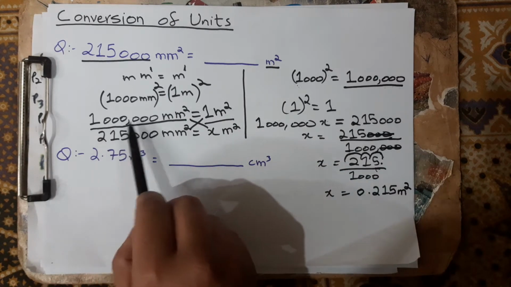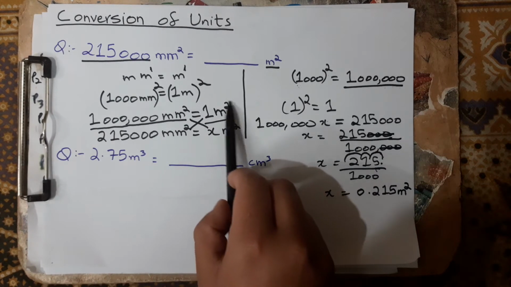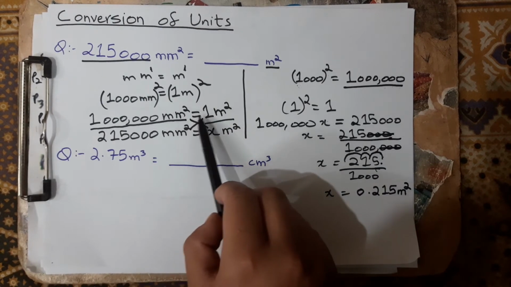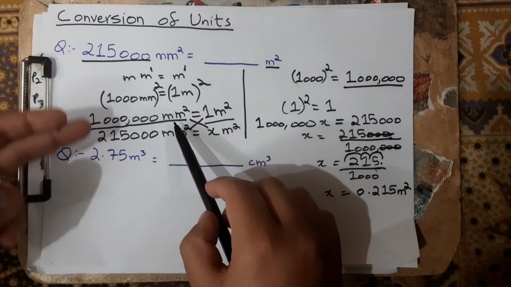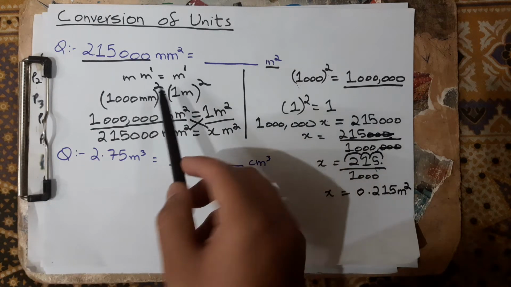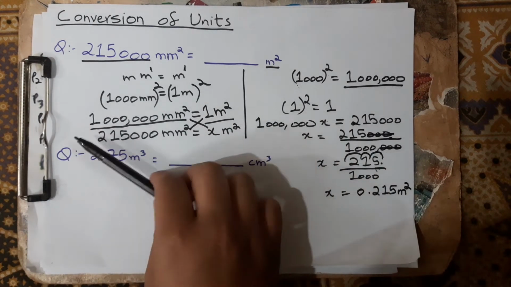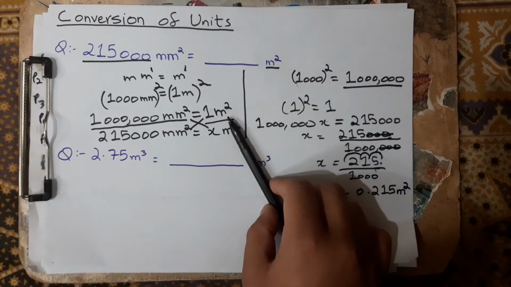You have to mention the square on the units, not on the digits, because we have already calculated their square, but we can't calculate the square of units. So we write it like this: 1 million millimeter square is equal to 1 meter square.